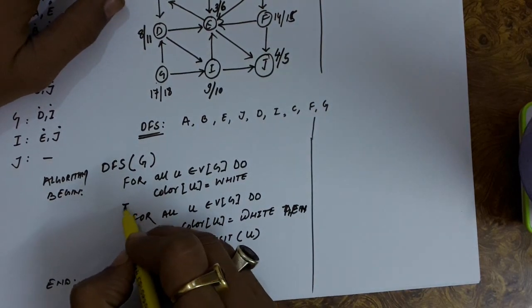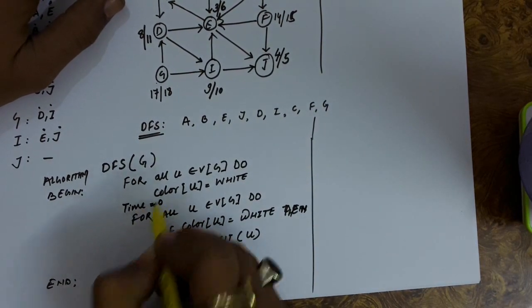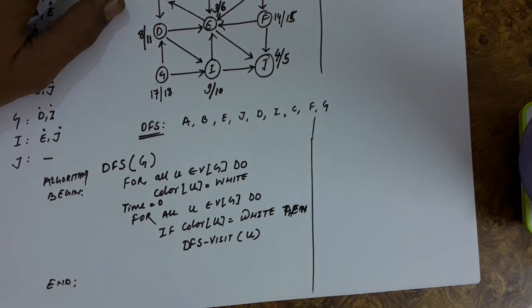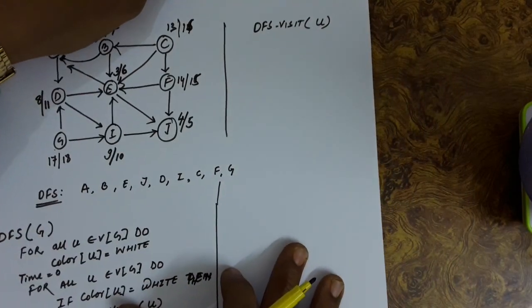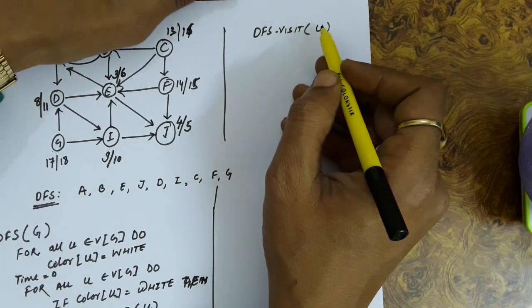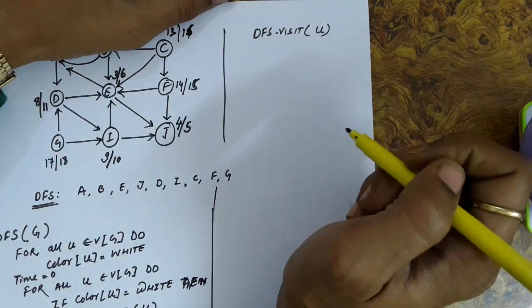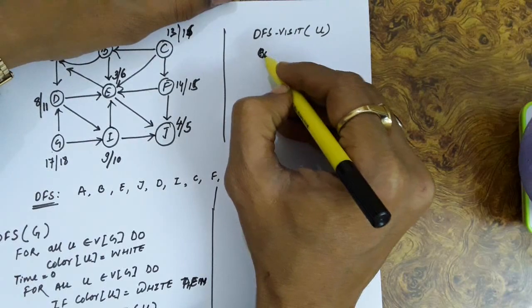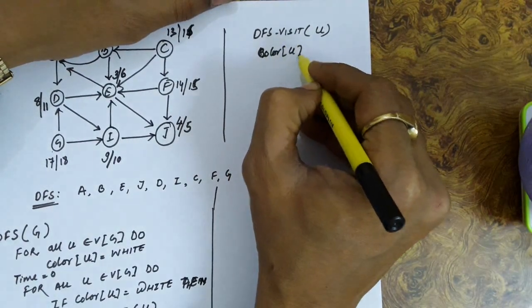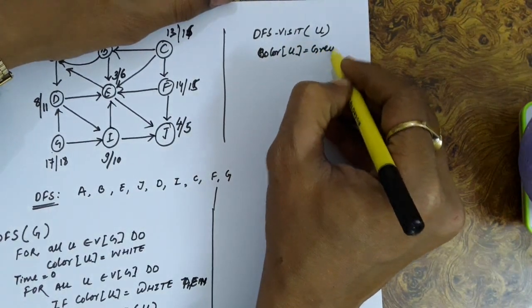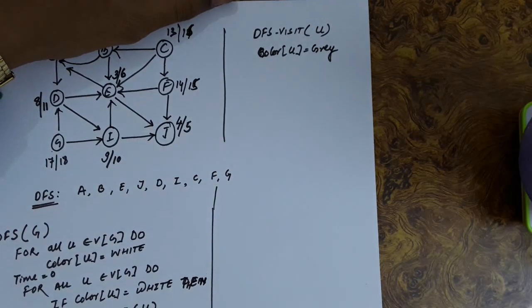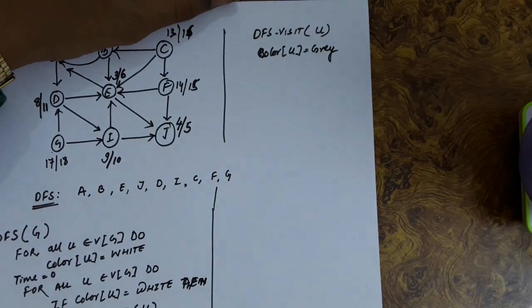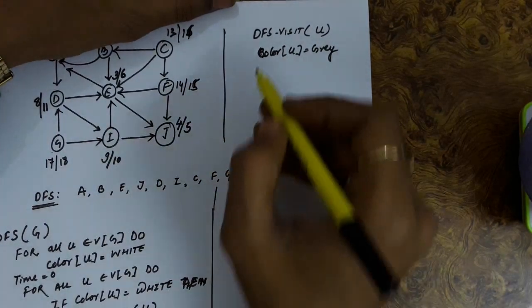Let us initialize the time to 0. And if we are at some vertex u, obviously its color will be white. So at the very first, let us make the color of this vertex u as gray. Fine, we've started seeing all the connections from u, so its color has been made gray.